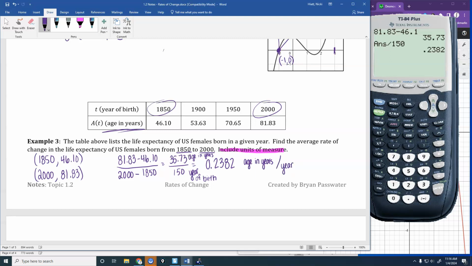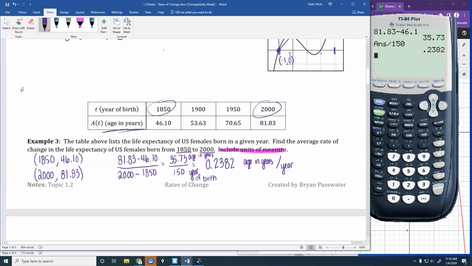Year of birth is a weird way to say that. In a way, the answer to this is years per year. So what's happening is every year that goes by, the life expectancy increases by 0.2382 years.